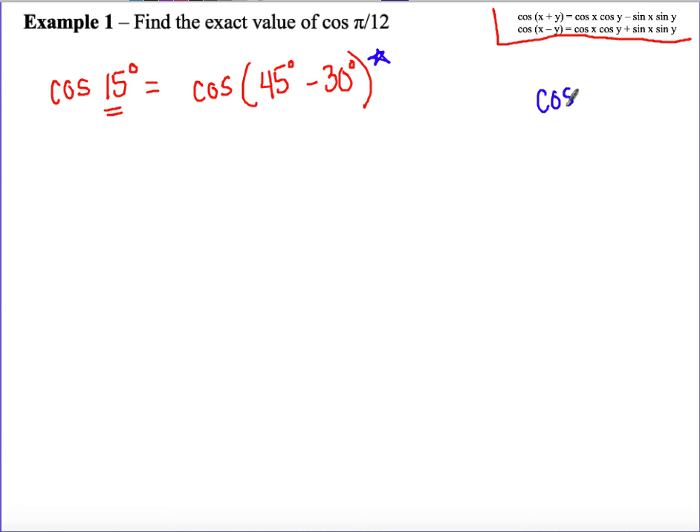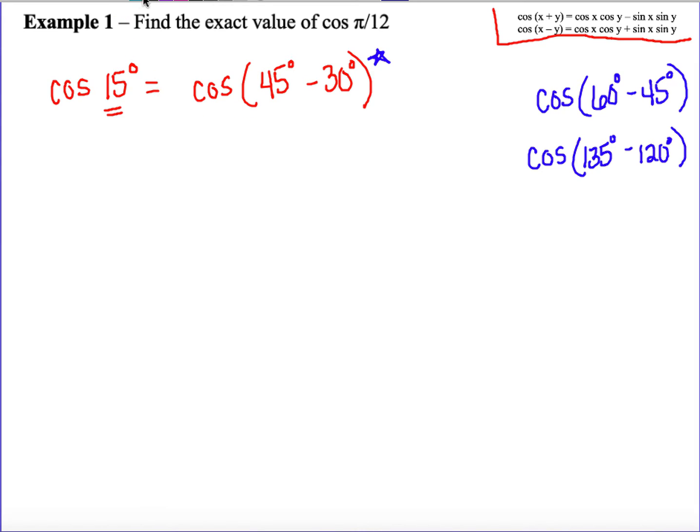But I also could have picked the cosine of 60 minus 45 and used my identity that way. I could also pick something from a different quadrant. Maybe I pick the cosine of 135 degrees minus 120 degrees, and I use the quadrant 2 angle. Both of those subtract inside the parentheses to give me 15 degrees, and both of them would give me an accurate answer in the end.